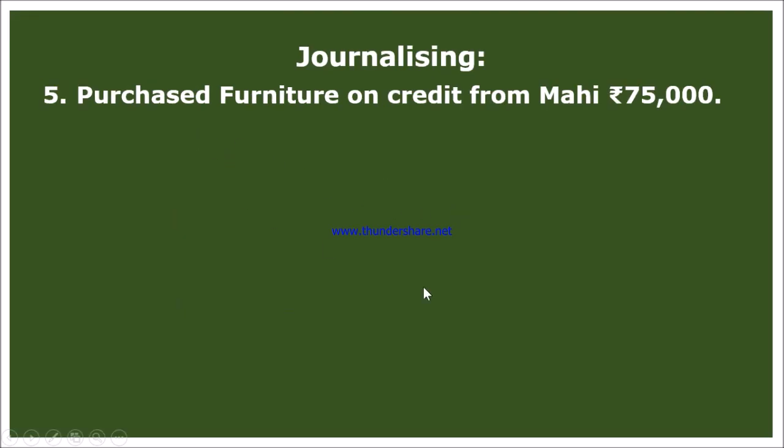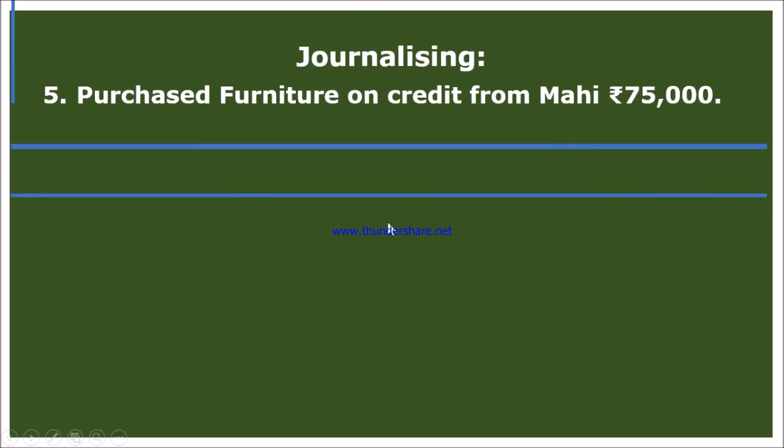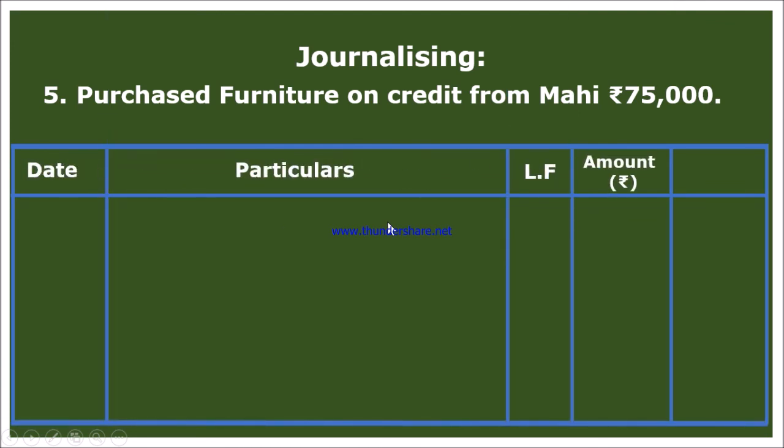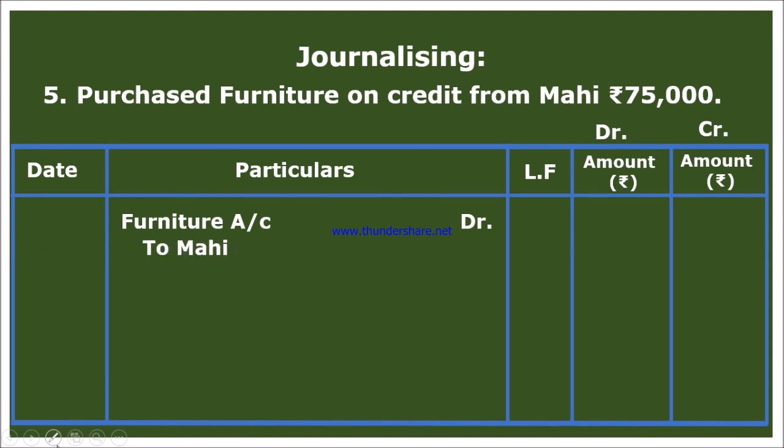So if I write that one in the journal, then it will come like this. Make the format. You are all excellent students, so by this time you have become masters of it. So the furniture account debit to Mahi's account. Again, by mistake I forgot to write it, but you don't make the mistake.